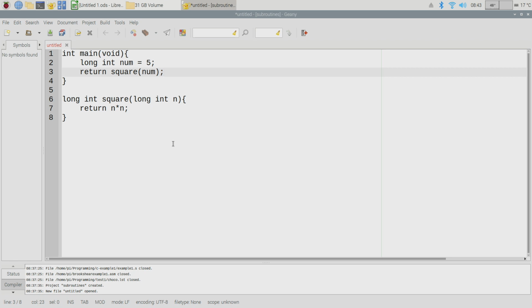So the main function is going to pass the number 5 to the subroutine. The subroutine is going to square it and hand it back, and then the main function is going to hand that back to the operating system, and that's it. Not a particularly exciting program. All right, let's compile it and see what happens.